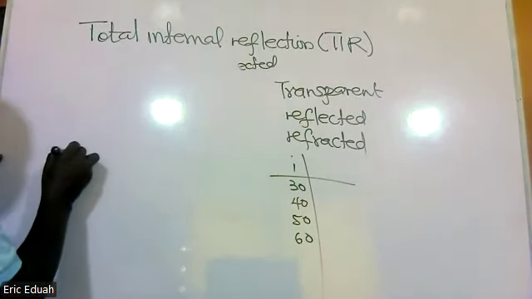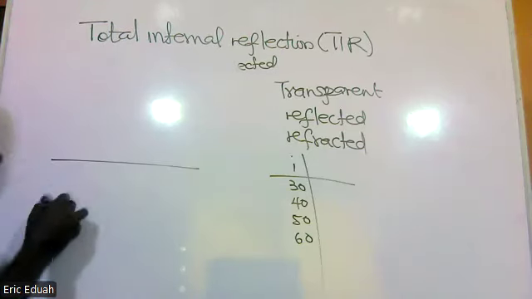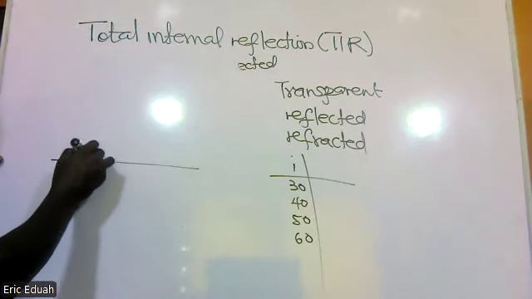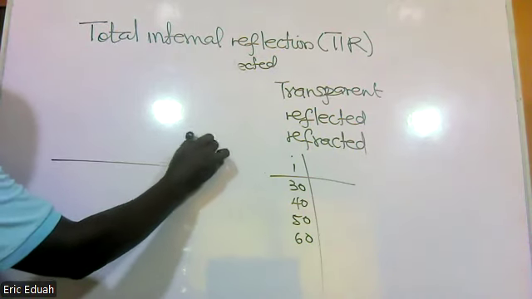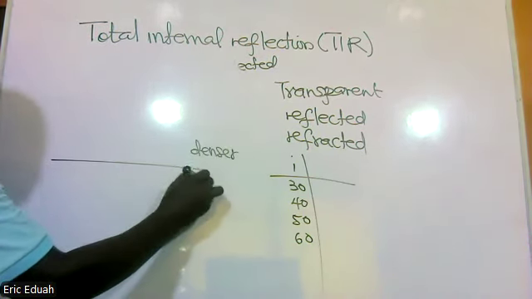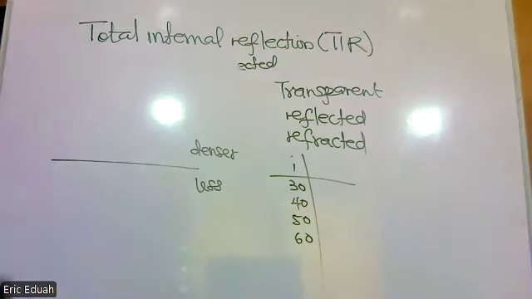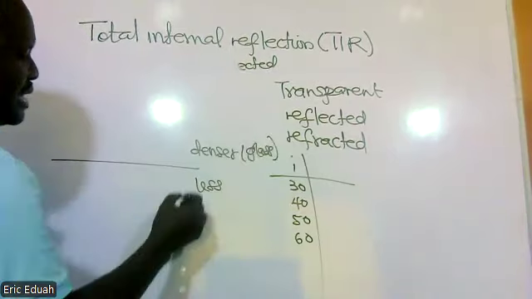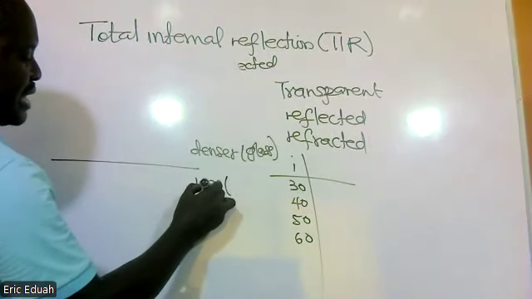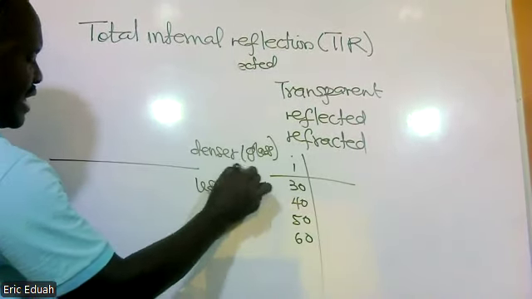So we have this, the light is coming from a denser to a less dense medium. Maybe glass, let's assume the dense material is glass, the less dense material is air.